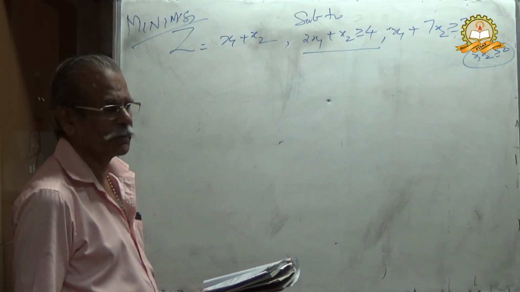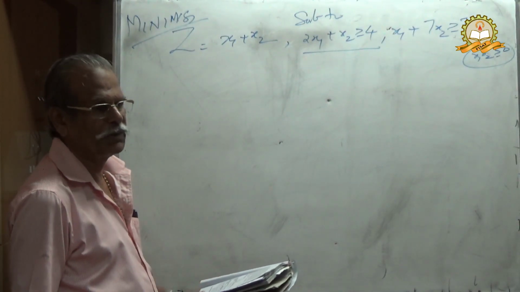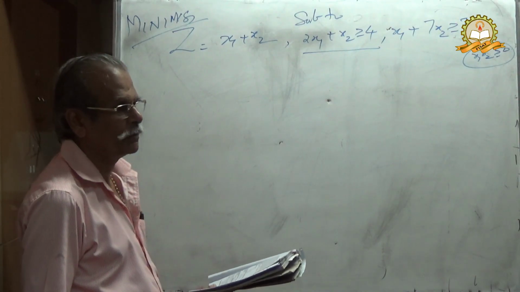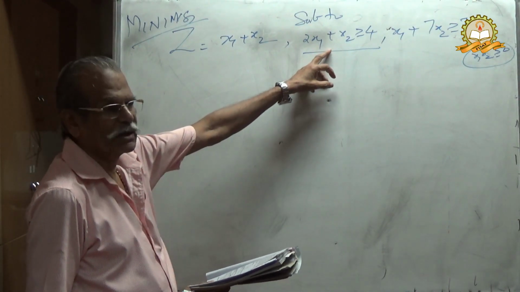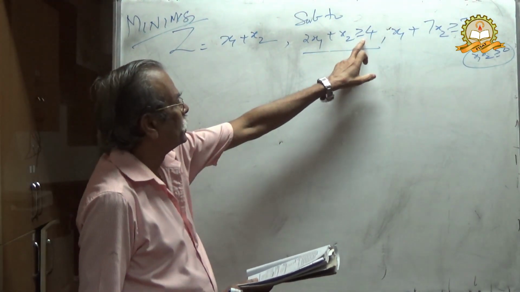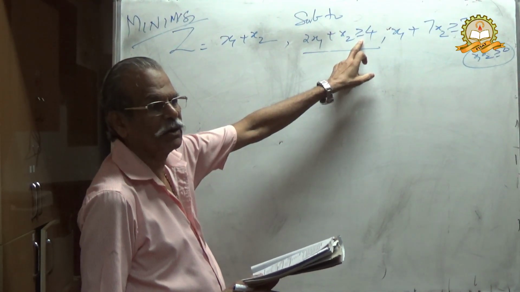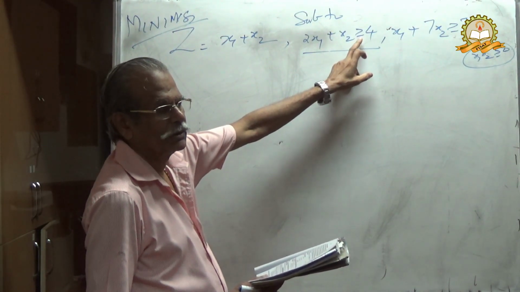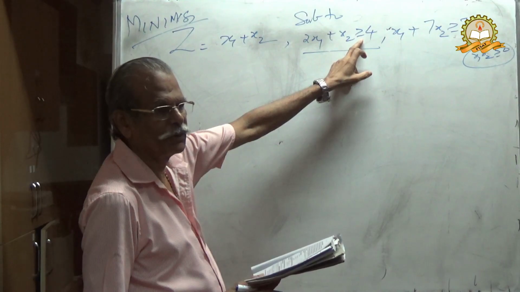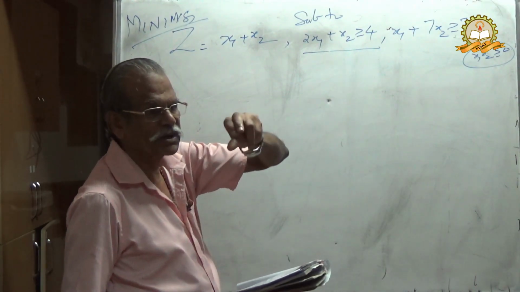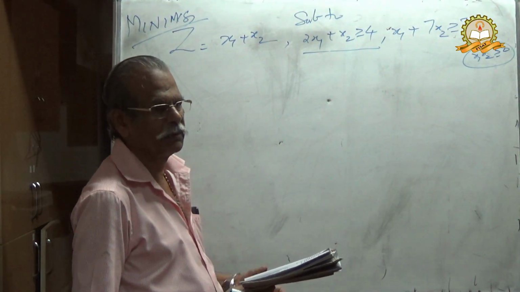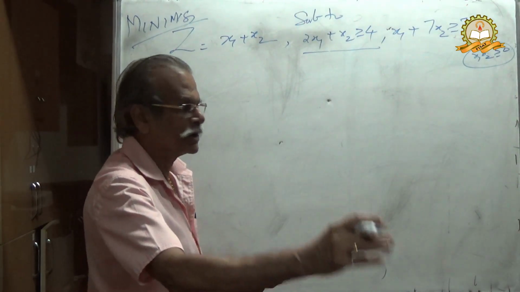That is the first step. Then, second step, you take the constraints. The first constraint is greater than or equal to 4, therefore you subtract a surplus variable and add an artificial variable.